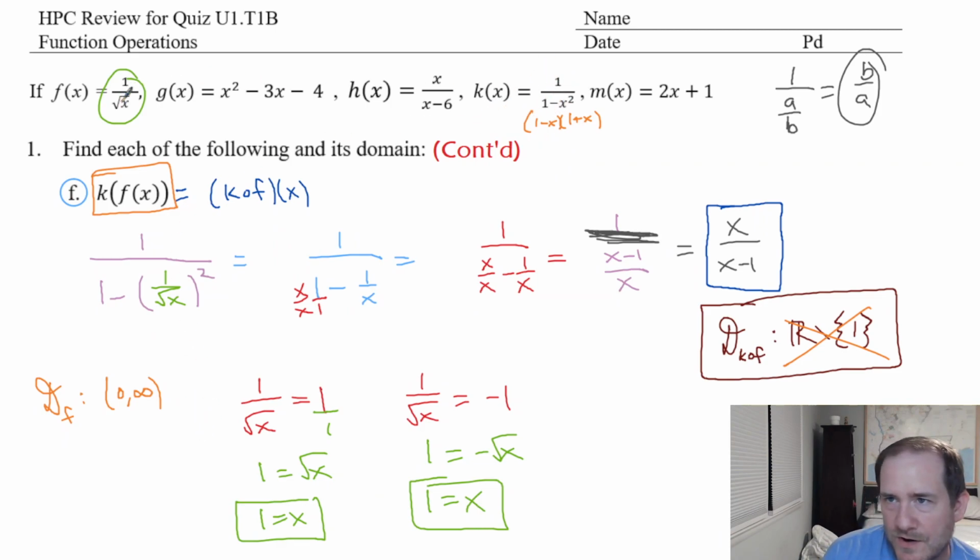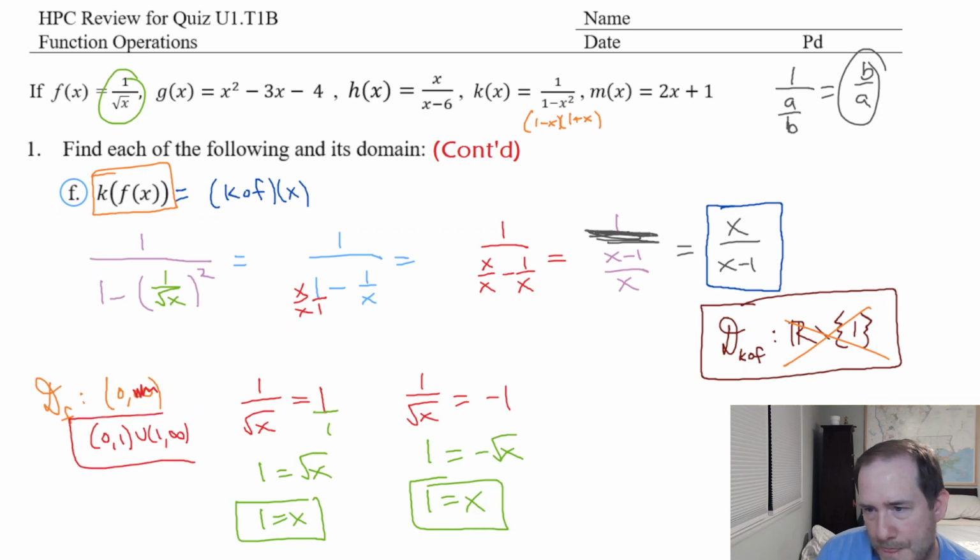Well, they're not all covered, sorry. f says we have to be greater than or equal to 0. Strike that. We have to be strictly greater than 0. And k does have that one stipulation that says it won't take an input of 1. And since this function has an output of 1 when x is 1, we do have to pluck out the 1. So our final domain would be 0 to 1 union 1 to infinity.